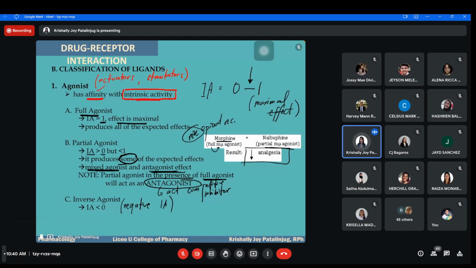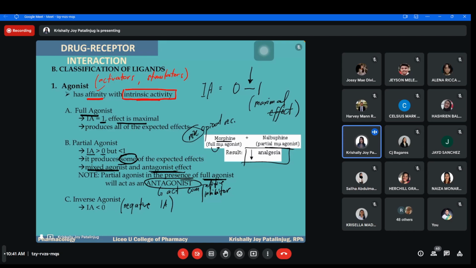Bali, ang nangyayari, it will still bind to the active site of the receptor where the agonist binds into. I repeat, the inverse agonist will also bind to that receptor, same with the agonist. But the pharmacological response will be opposite now with the agonist.